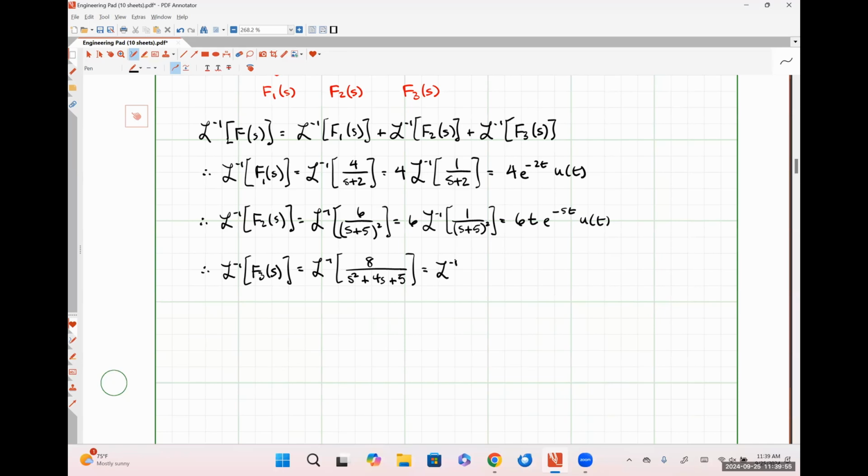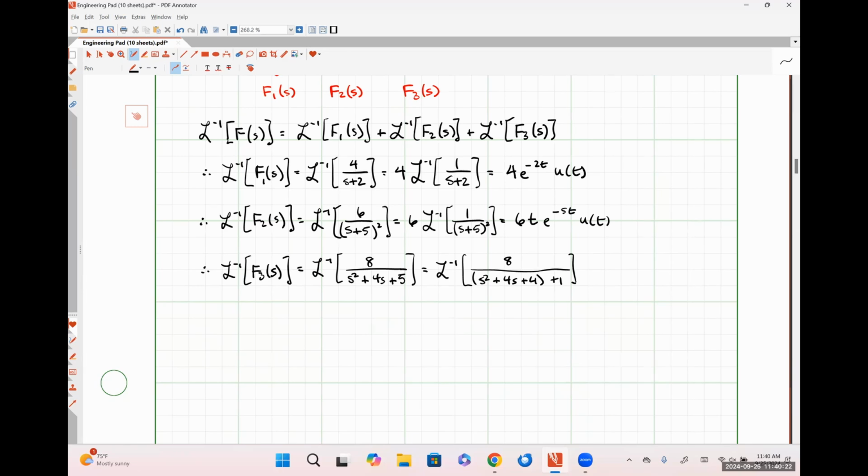So this would be the same thing as the inverse Laplace transform of 8 over S squared plus 4S plus 4 plus 1. Right? Because this 4 plus 1 is just 5. And that is something that I can easily factor, right?